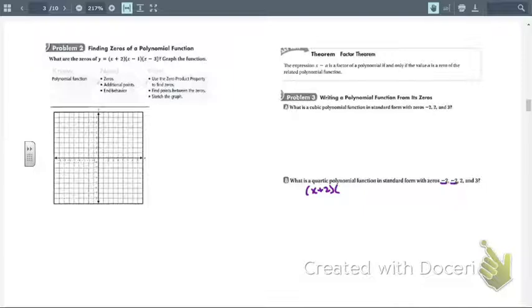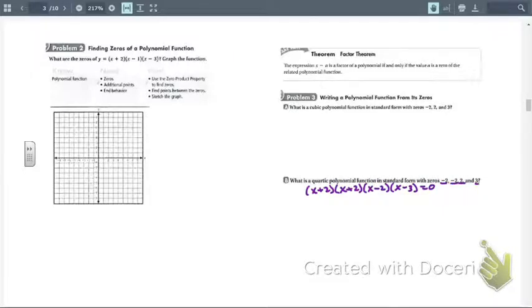A negative 2 again, so we're going to have x plus 2. A positive 2, the opposite of that is negative 2, so we're going to have x minus 2. And then we have a positive 3, so x minus 3 is a factor.